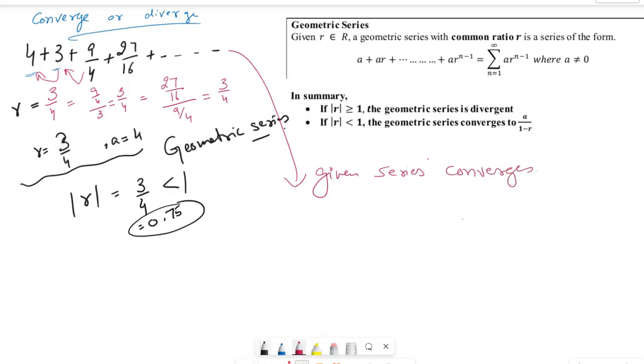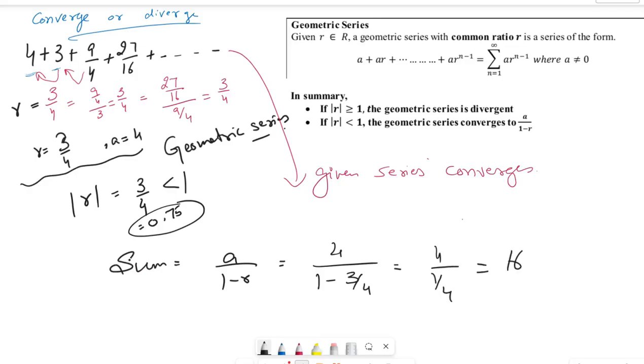Now, because it converges, you are able to find the sum. The sum is equal to A by 1 minus R. A in this case is 4 divided by 1 minus 3 by 4. So the answer should be 4 divided by 1 by 4, and that should be 16.